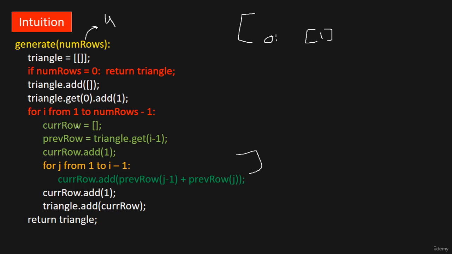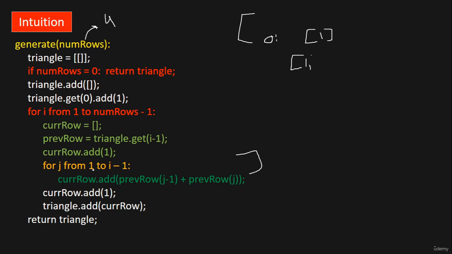Then we're creating our current row and we have to keep track of our previous row. This is our previous row. Now here we have inserted 1 to our current row as the first element. Then we're going to generate the values inside here.